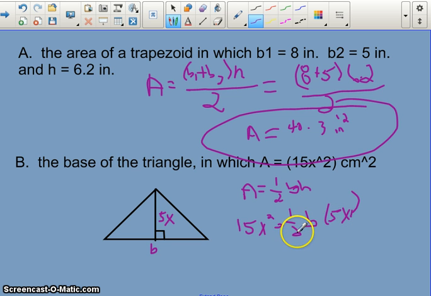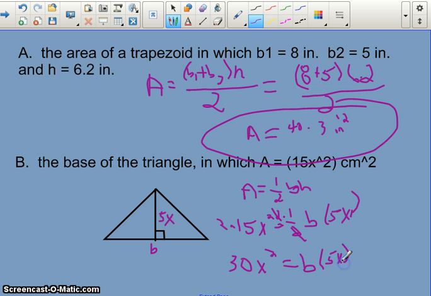So let's just multiply by 2 right off the bat to get rid of this 1/2. When I multiply by 2, the 2's will cancel here, and that will be 30x squared is equal to b times 5x.